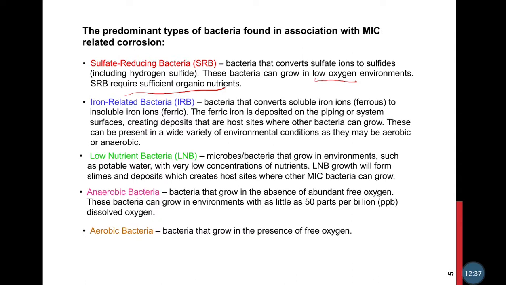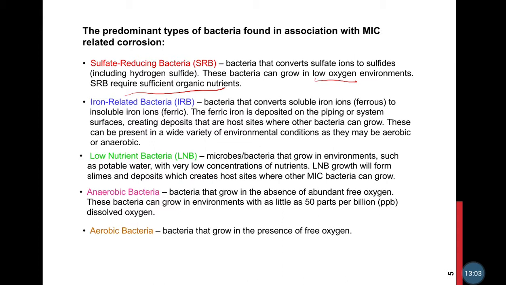Okay, they can be present in a wide variety of environmental conditions, as they may be aerobic and anaerobic. So IRB ni dia punya kemungkinan berada di mana-mana tu sangat tinggi sebab dia boleh hidup either dalam keadaan ada oksigen ataupun tiada oksigen, aerobic or anaerobic environment.